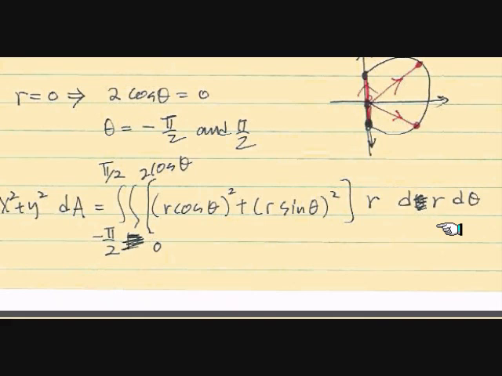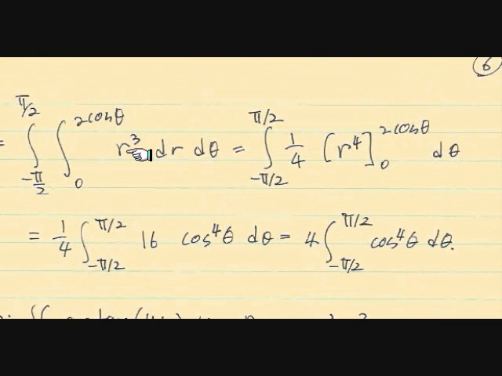Solving this, the whole thing inside is going to be r squared, and out there r cubed, because cosine squared plus sine squared is 1. So here's r cubed, and since we're integrating with respect to r first, that's 1/4 r to the 4th, evaluated at these two points. And that brings us down to this one-variable integral. Alright?